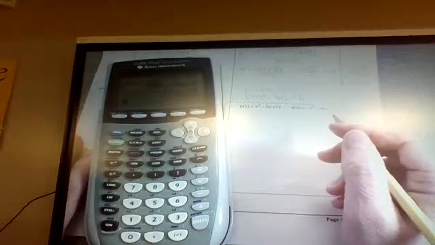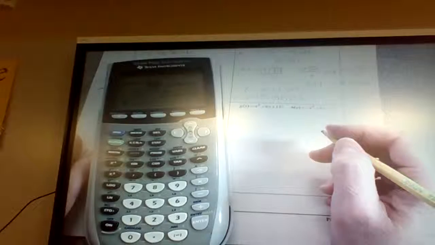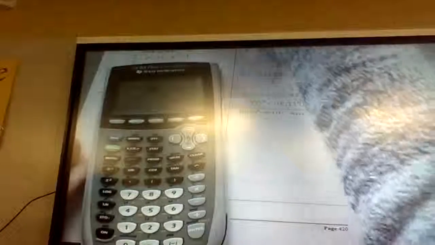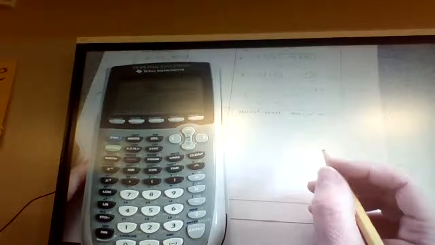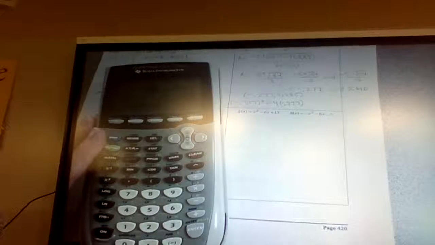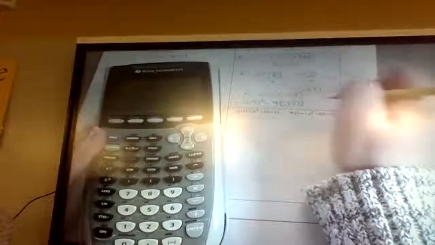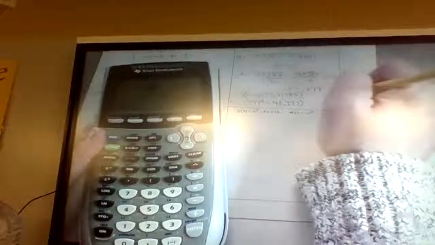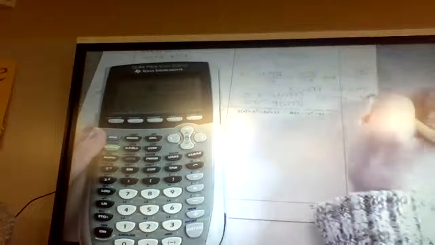Okay. So I have to do it again: 3.610 squared minus 4 times 3.610.